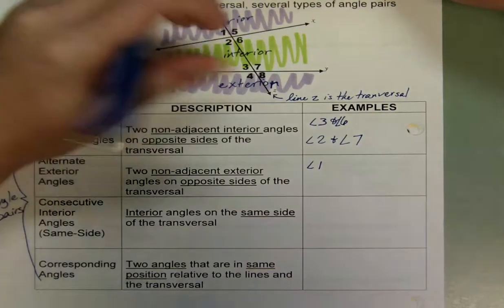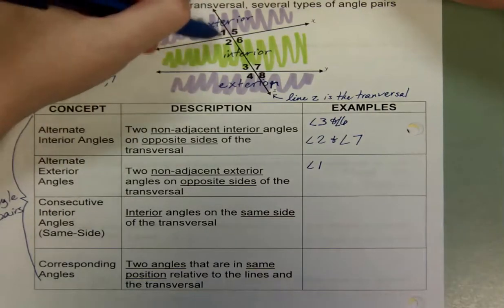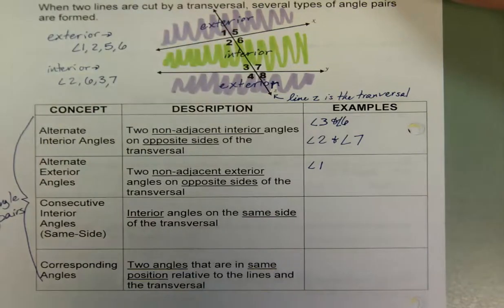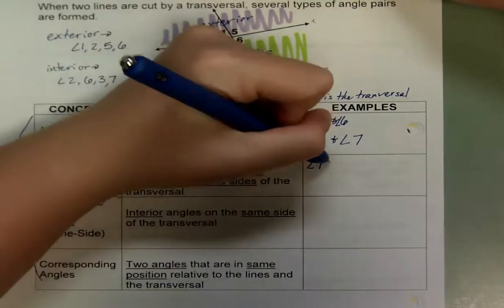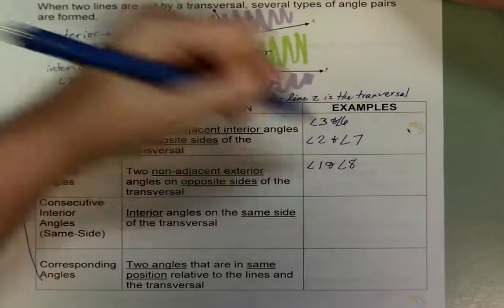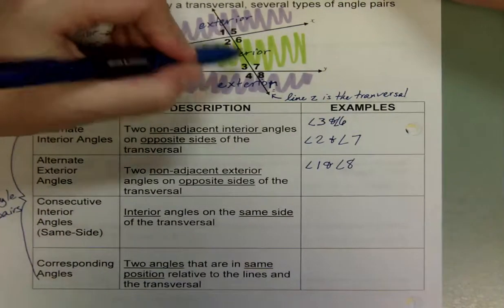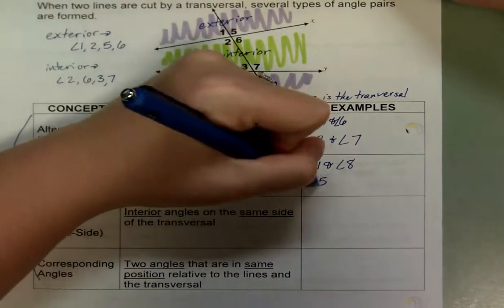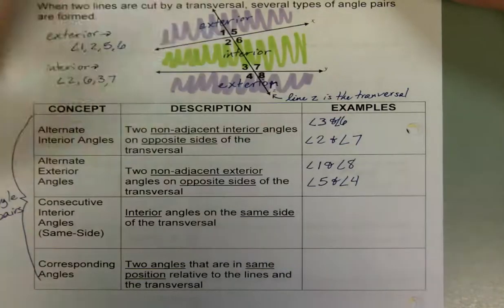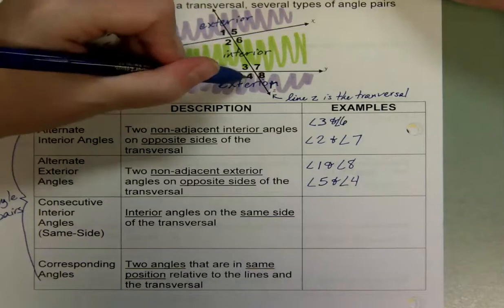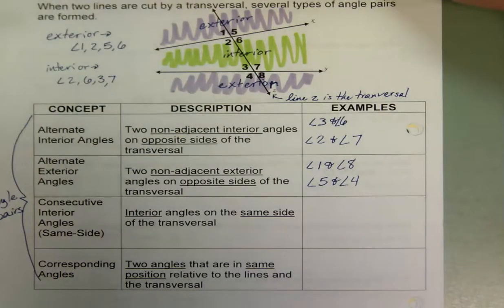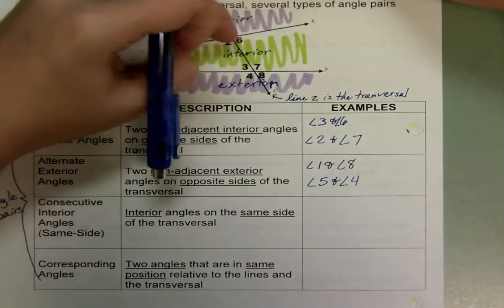We have to pick from one group of angles and then look on the other group of angles to pick the other pair. So it has to be 1 and 8, and then 5 has to go with 4. So you cannot match up 1 and 5, you cannot match up 4 and 8. Right, you've got to pick from a separate group.